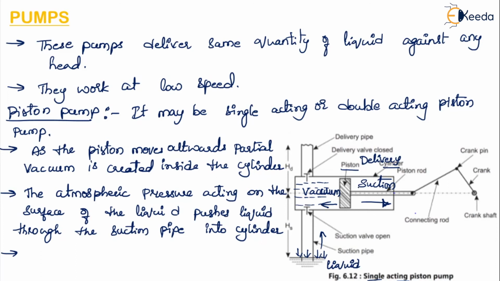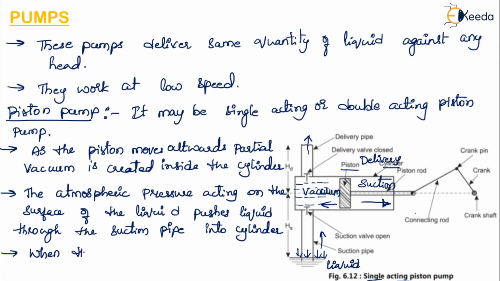When the piston moves inward, the liquid is compressed and its pressure will increase. This will close the suction valve and open the delivery valve. Then the liquid will be pushed through the delivery pipe and it will flow towards the top.